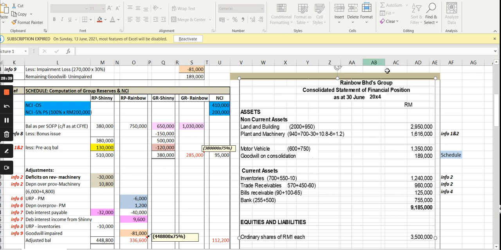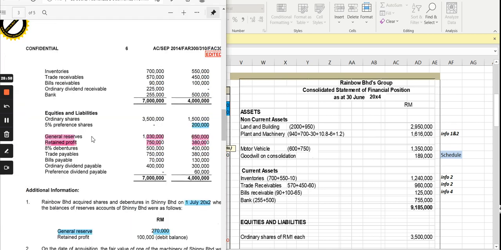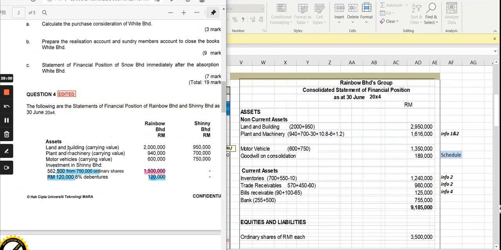Then put the date, Rainbow Berhad's group, or you can put here consolidated statement of financial position of Rainbow and its subsidiary Shini. But here it is the group name Rainbow Berhad. So the land and building, let me just show you. So this is from here. Just add them, no adjustment whatsoever. Just add them up.